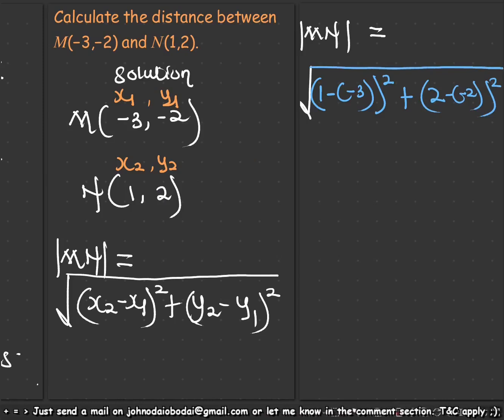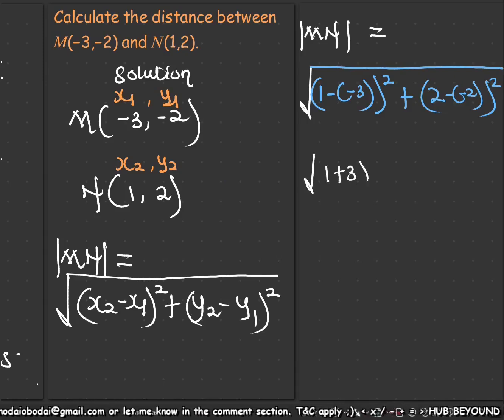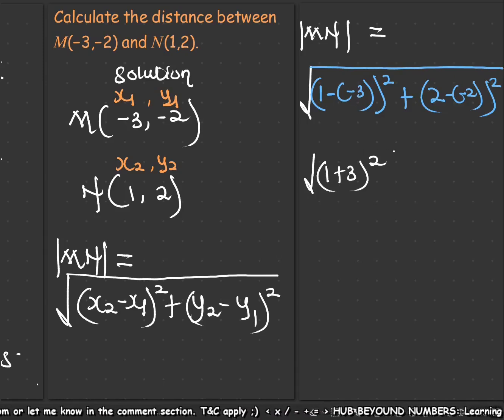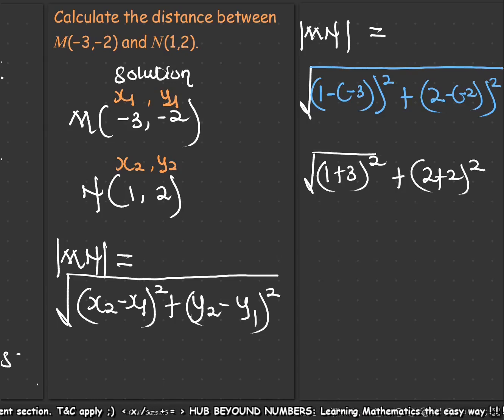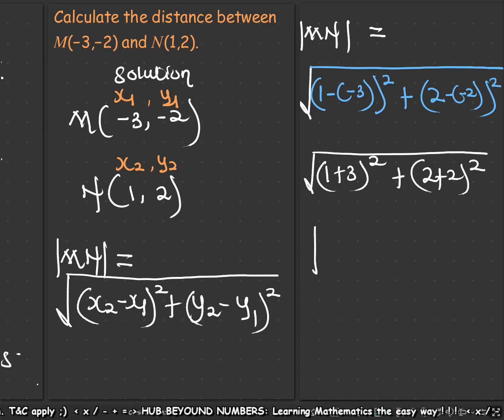So that we are now going to have the square root. This gives us 1 plus 3, because you know, when two negatives meet this way, they become a positive. Then plus 2 plus 2, all squared. You see, and by so doing, we have the square root of 1 plus 3, which gives us 4.